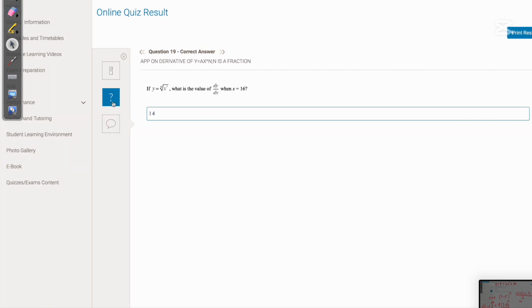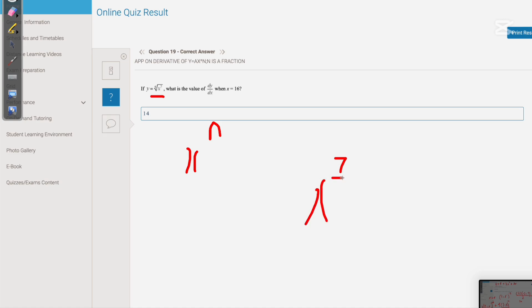Number 19. If y is equal to the 4th root of x to the 7, what is the value of the derivative when x is equal to 16? In cases like this, we have to turn it into x to the power of n. We do the degree, which is the power, over the index of the root, which is 4. So it's x to the power of 7 over 4, which is equal to y.